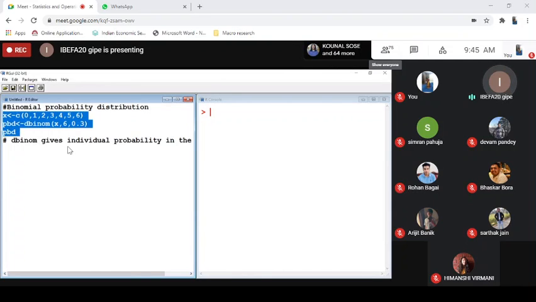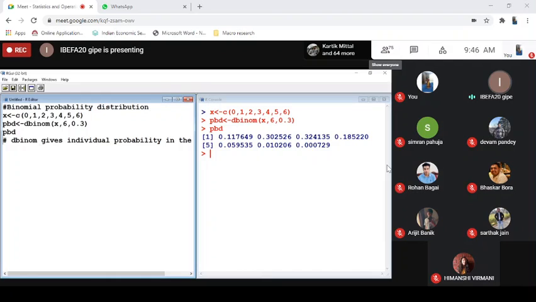How? Let us see the output. Look, the second probability will be for 1. Third probability for 2. Fourth probability for 3. Fifth probability for 4. Then 5 and 6.